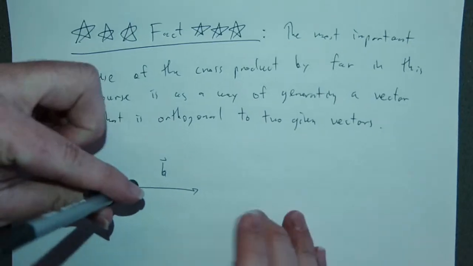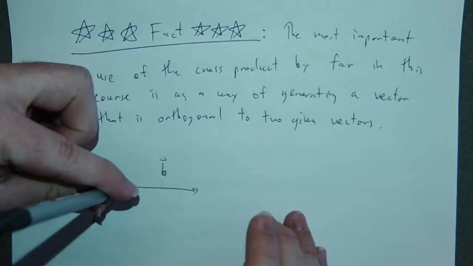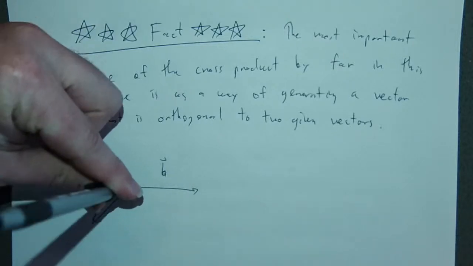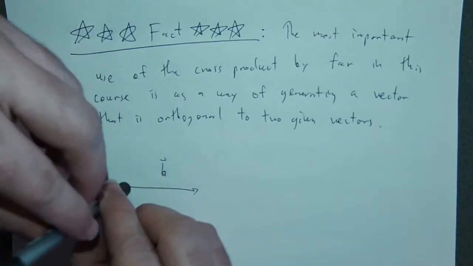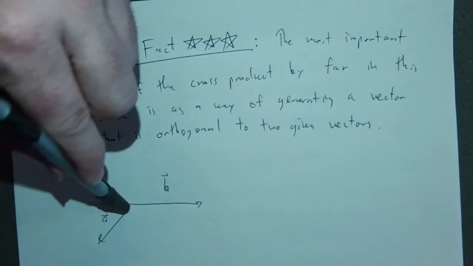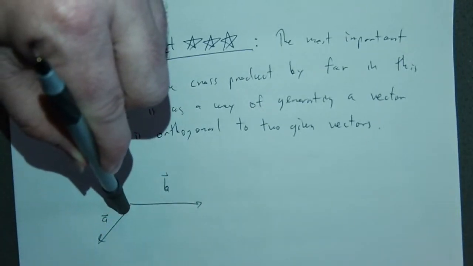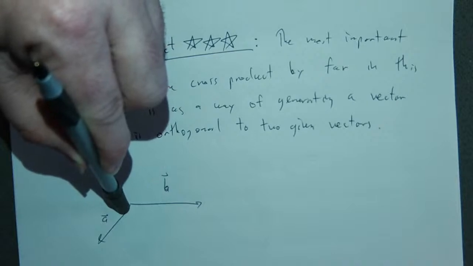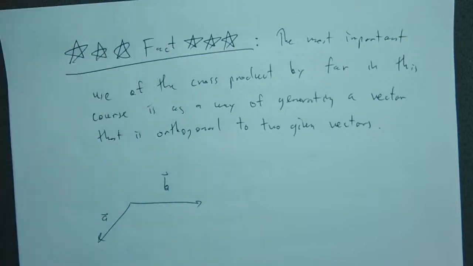A cross B comes right out of the paper. Oh, I can't see A, I've blocked A entirely. A cross B comes right out of the paper, like this. So that's A cross B, this pen.